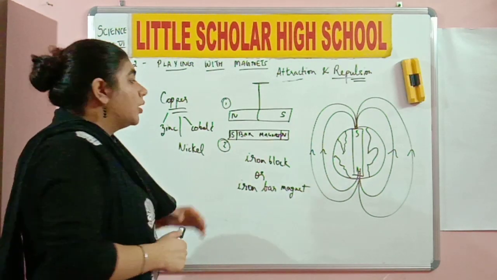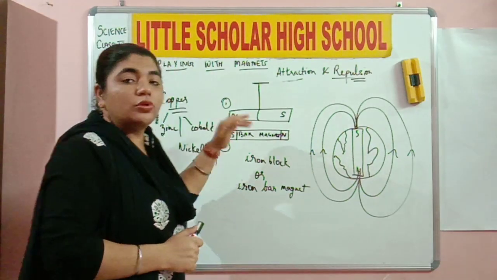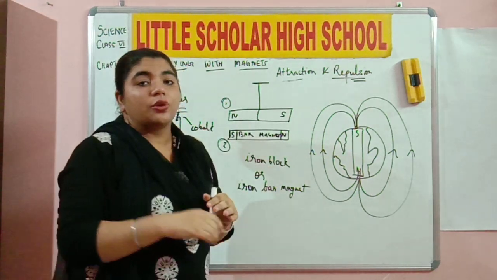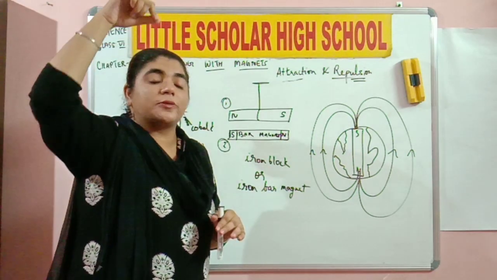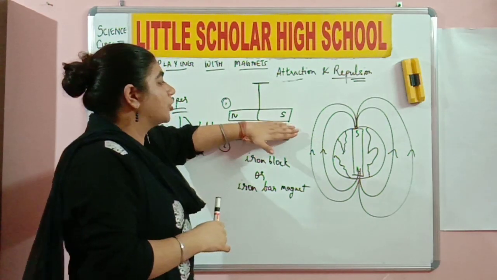Okay with everyone? Now if I remove this bar magnet, that particular existing bar magnet which is tied to a thread and suspended from a point will still come to the north-south direction.